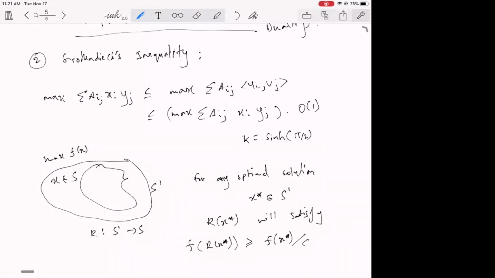And actually, often it's the case that R will be randomized, as in we map a point in S prime to a distribution over points in S.